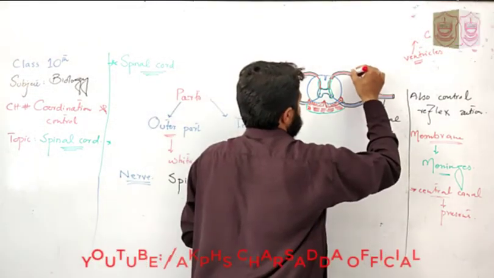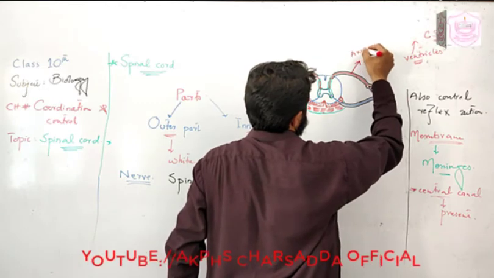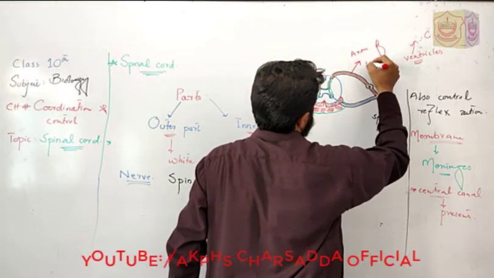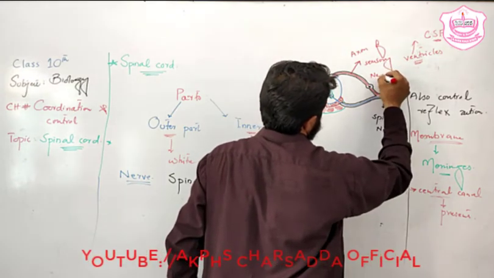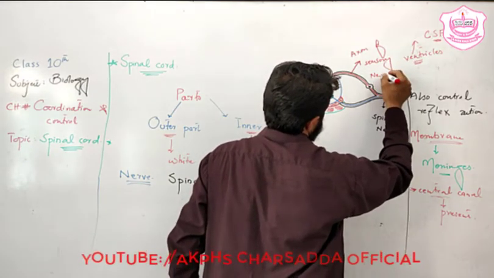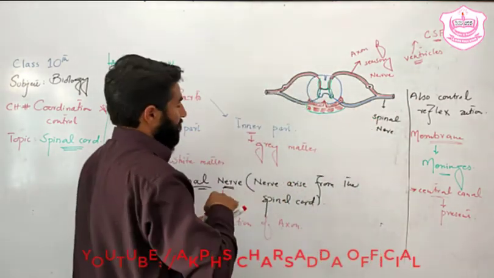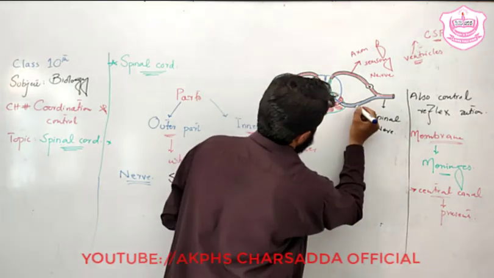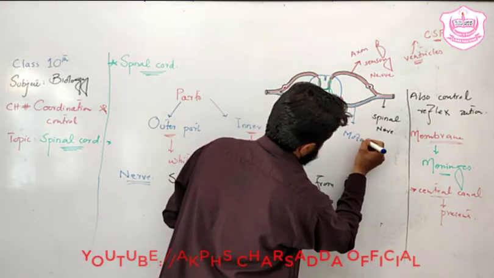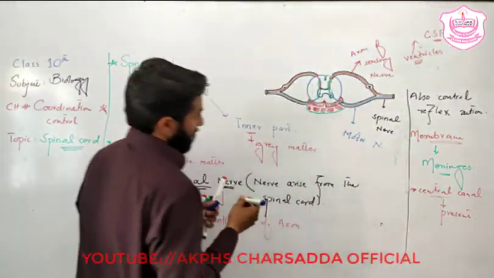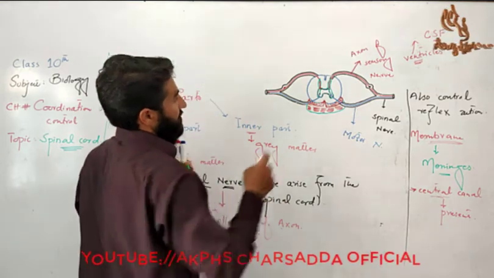While this one is the axon of the motor neuron. While this one is known as interneuron or mixed neuron.